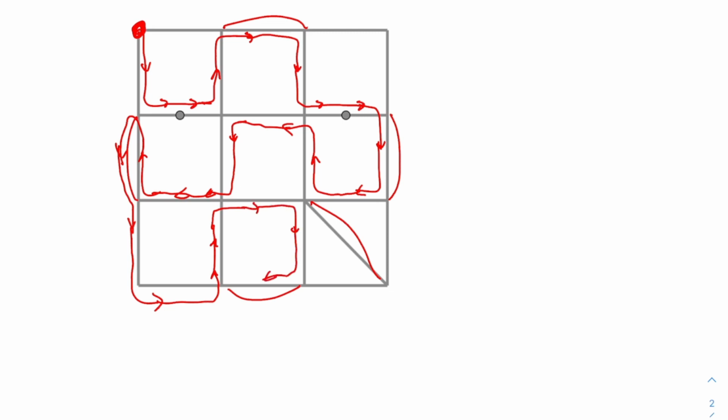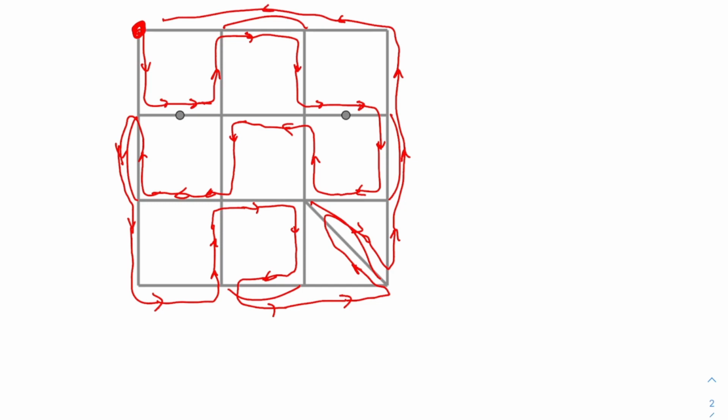This one I will go across and come back. This one back down here. All right, I'm feeling good now. That's how I do it. That is a minimum duplication circuit.